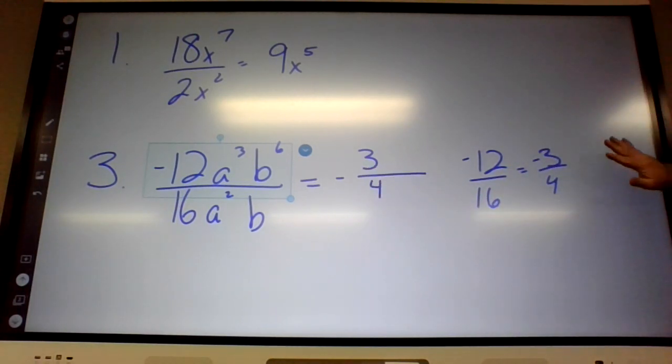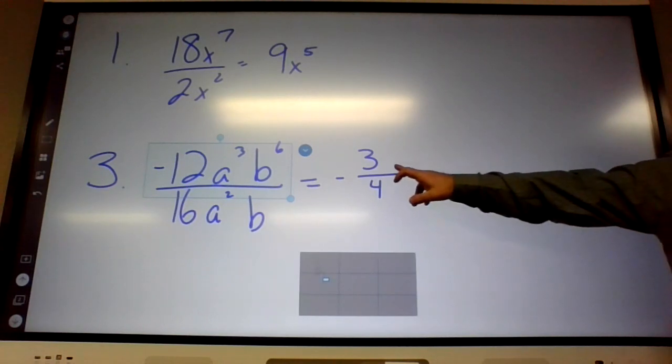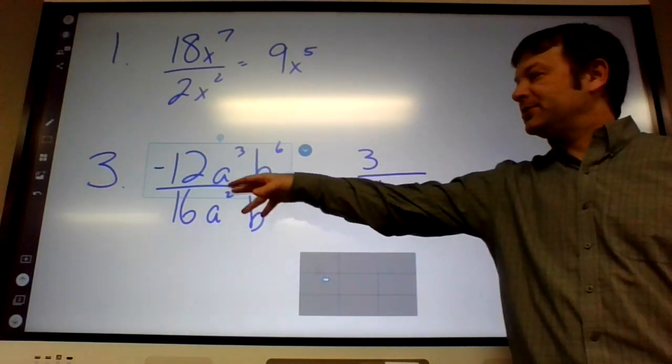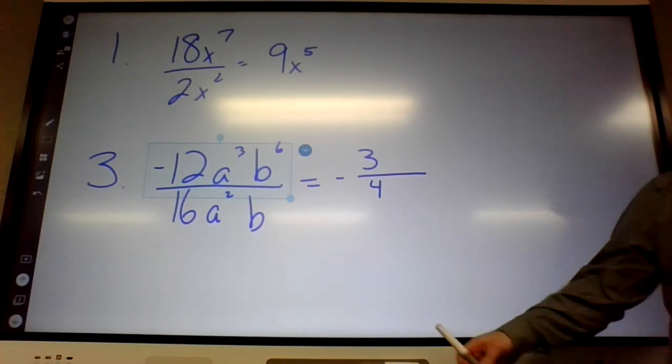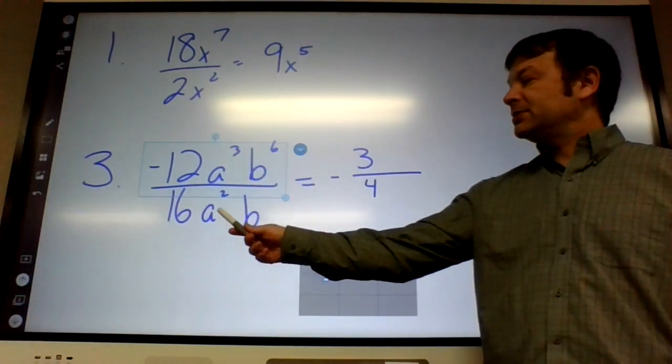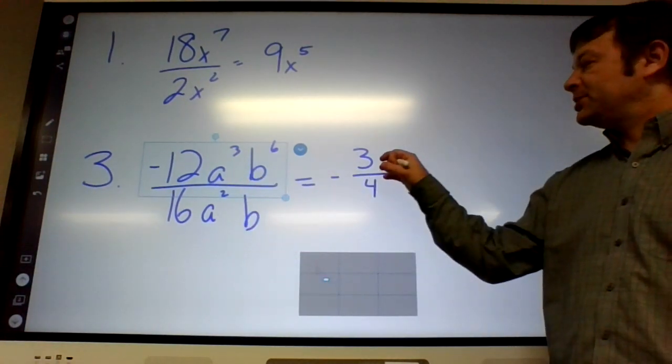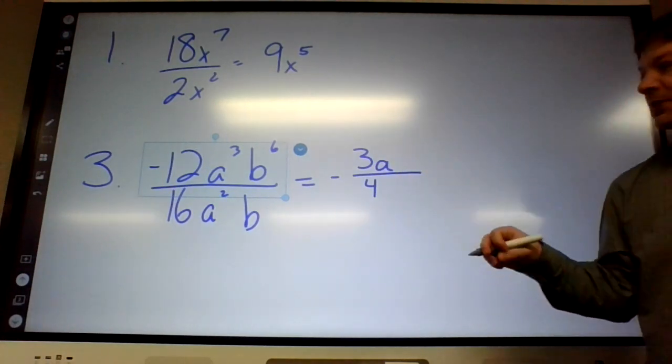Okay, now I made my fraction bar longer because we got some letters over here. All right, Hank, what will we have with the a's? A to the 1, which is just a.